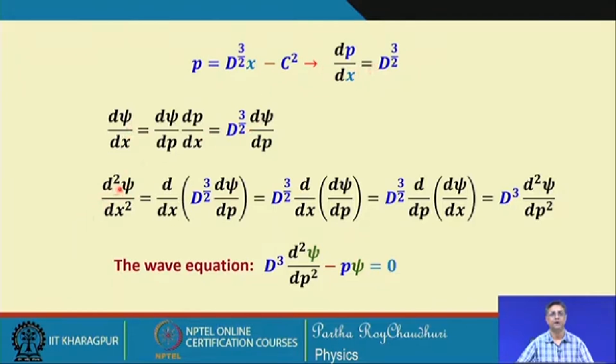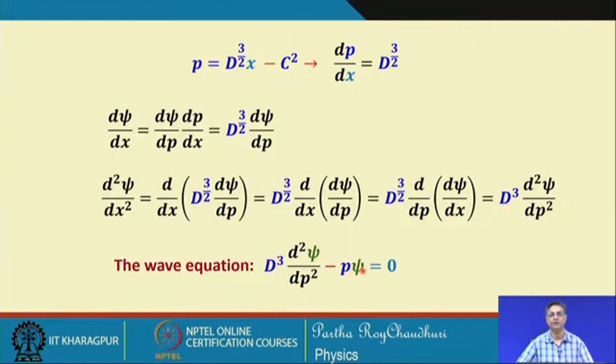So, del 2 xi del x square can be represented by this change in the variable in terms of dp. For one differentiation you get this quantity d to the power of 3 by 2, if you do it twice you get d cube, and therefore, the equation becomes this.